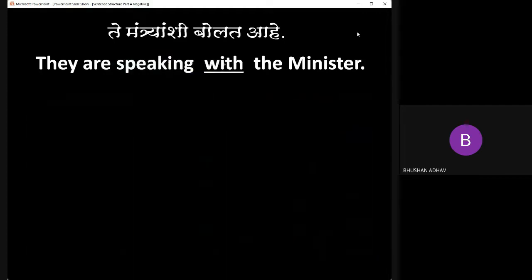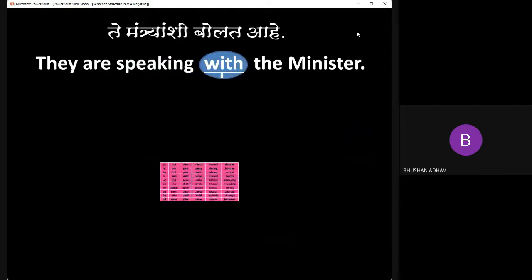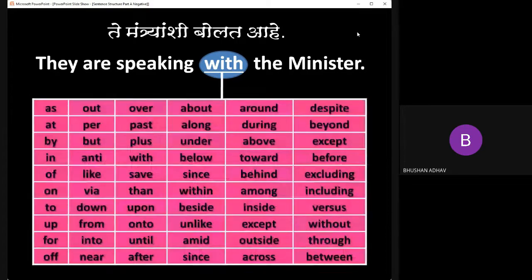The same way, with is a preposition. Already we have seen the five approaches to all those prepositions: spelling, meaning, concept, multi-utility, and practical usage.